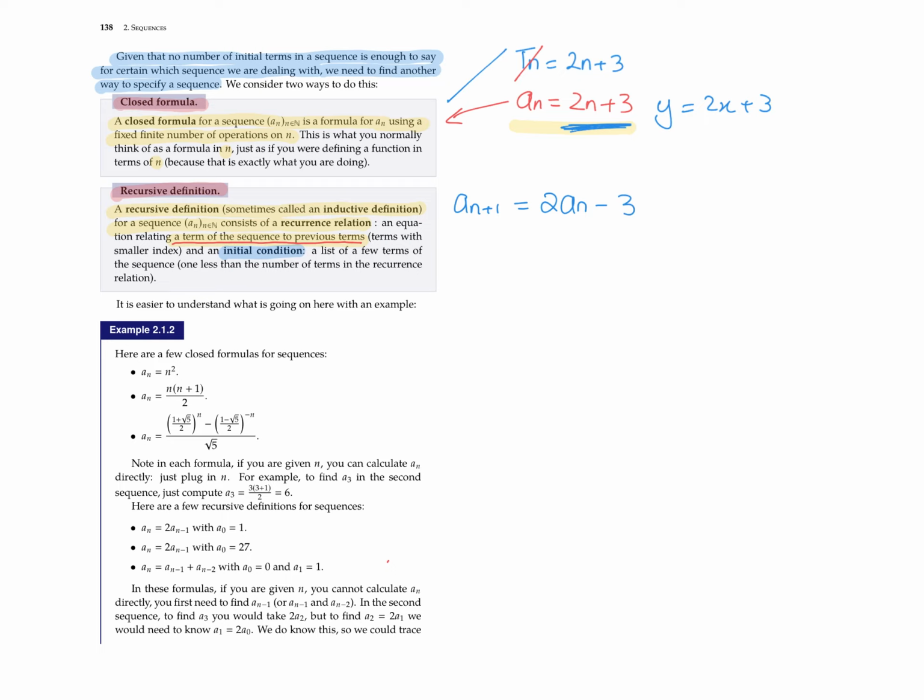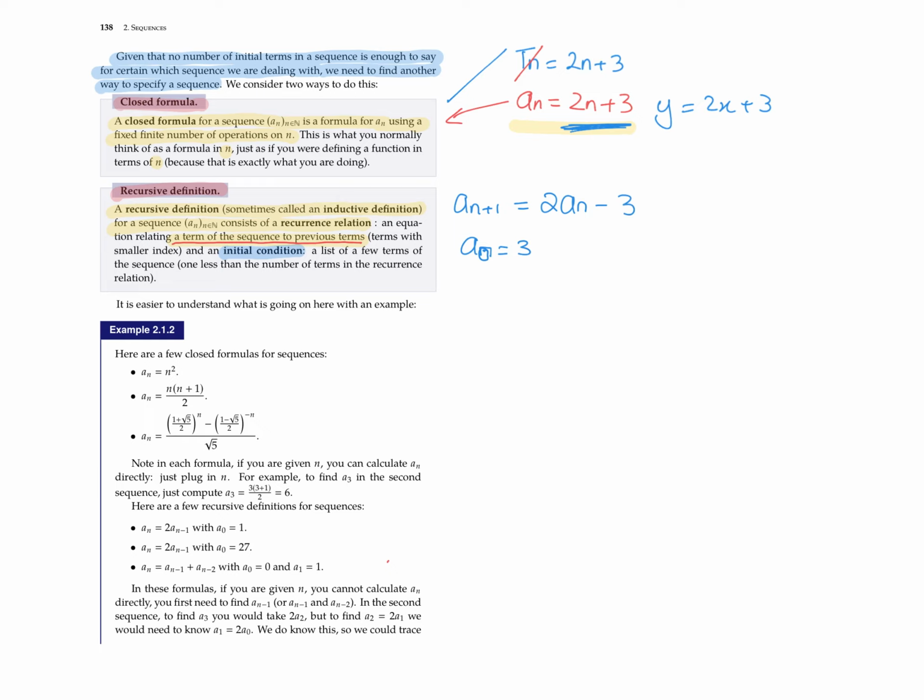So we can tell you that A0, not T0, I'm going to make that error, it's an oversight, is equal to 3.